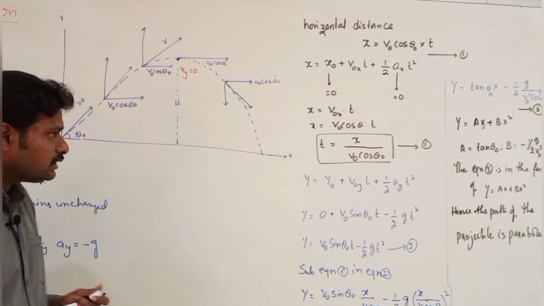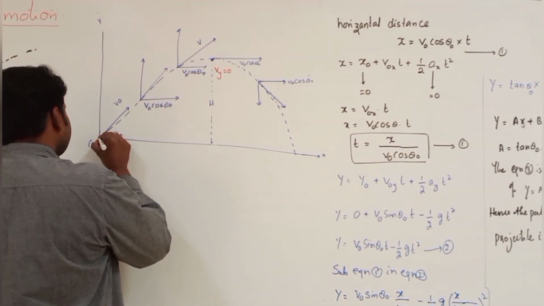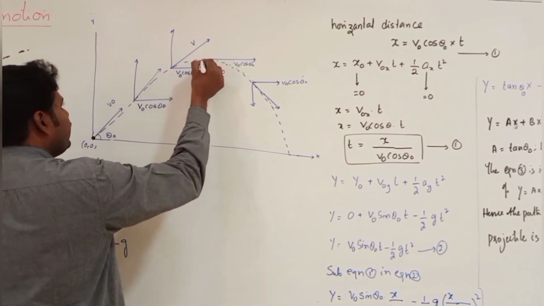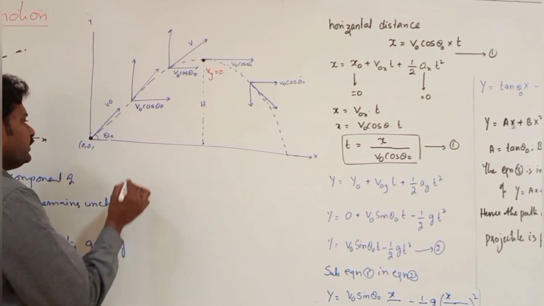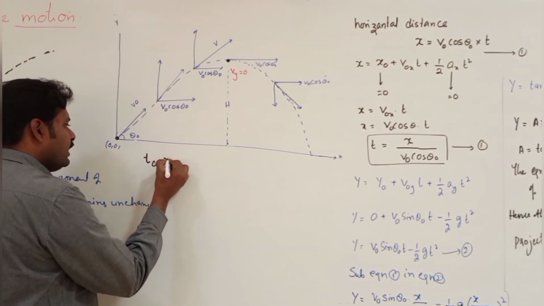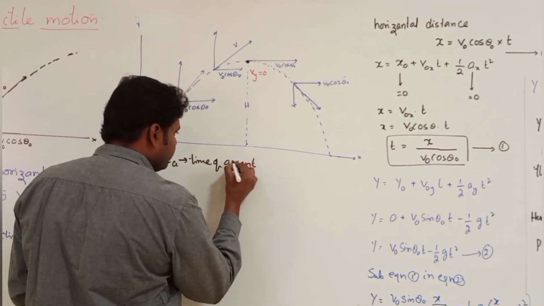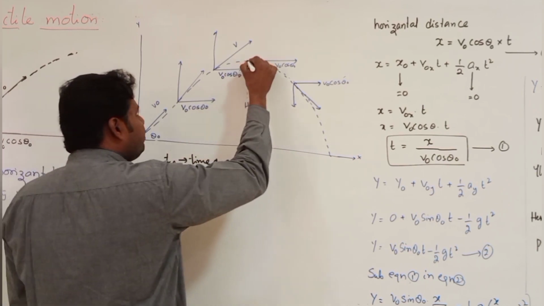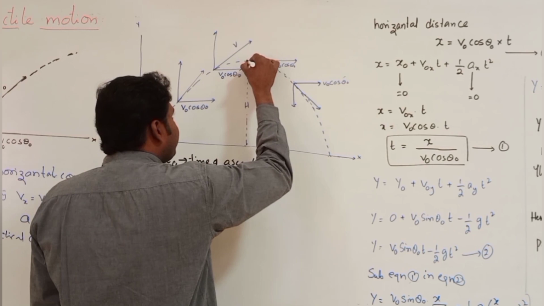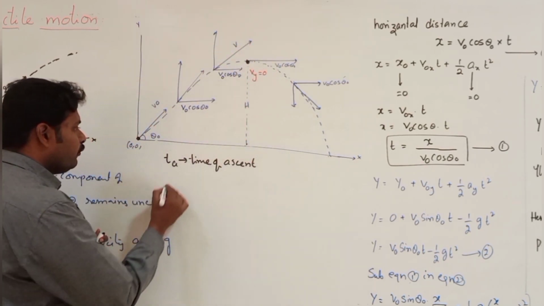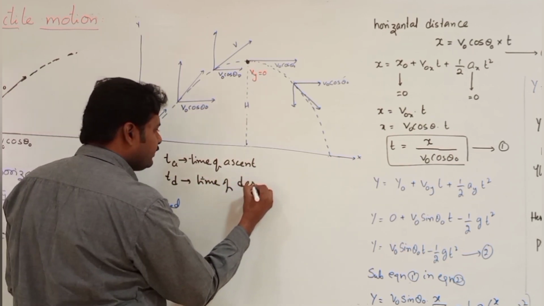Now we will extract certain relations from the projectile motion. What is the time taken from the point of projection to reaching a maximum height, which is called the time of ascent? What is the time taken to reach the ground from the maximum height, which is called the time of descent?